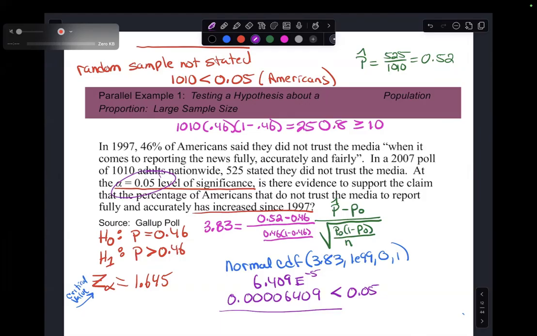So you still have to do all of that math though, even though you did the normal CDF. The normal CDF is just an additional step to get the P value. If you are doing things by hand, you are definitely going to want to use test statistic and Z-score and critical value, because doing the p-value is just one extra step.